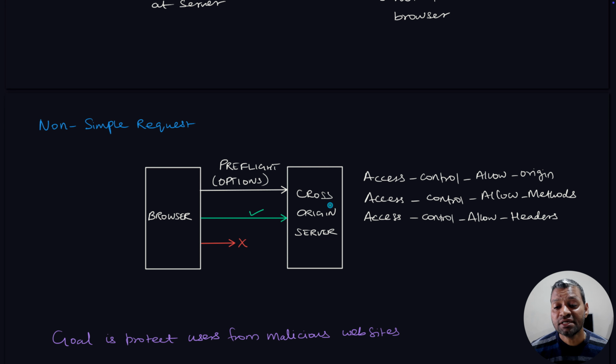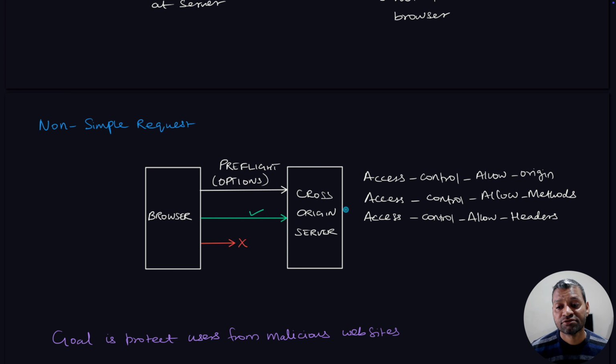Okay, so this means the server is not processing the actual request, it only processes the options request that we sent in, and in response it only sends the access control headers. These tell the browser what is allowed and what is not allowed.